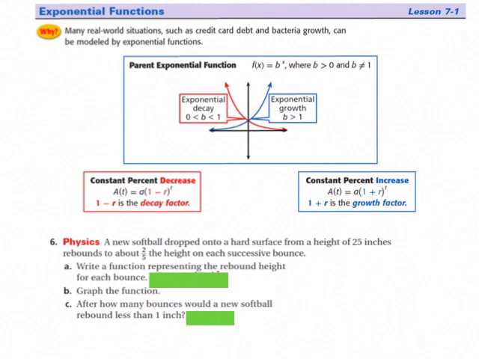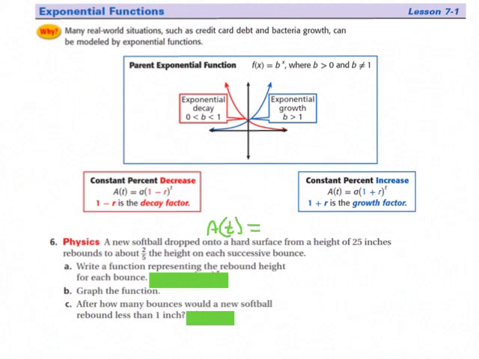Now, first of all, you have to remember, you have A of t equals A. Now, remember what your A was? Your A was your initial value. So you had A of t, and that is equal to your A value, your initial value.